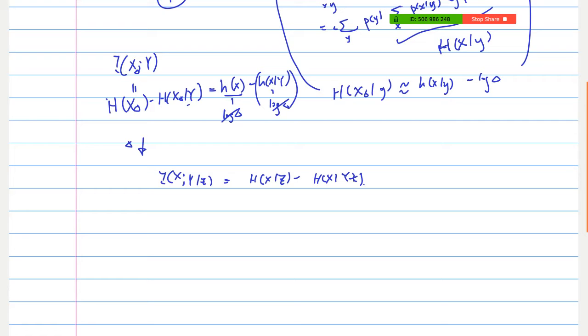The first term is basically the sum over x and z of p(x,z) log p(x given z), and there is a plus sign for the second term, the sum of p(x,y,z) log p(x given y,z).